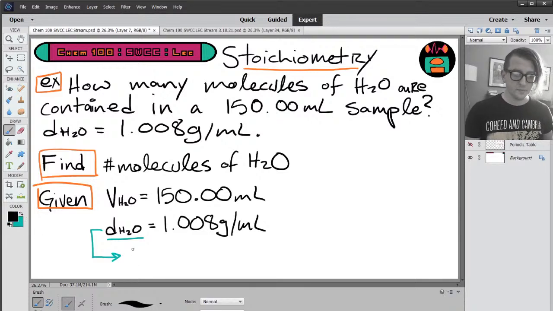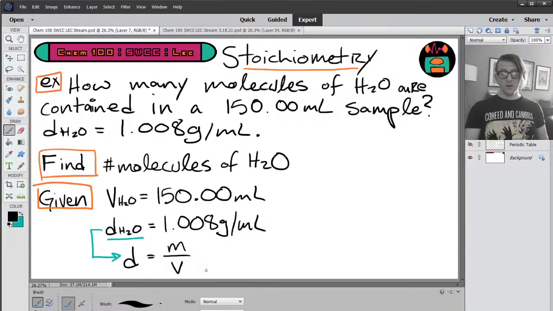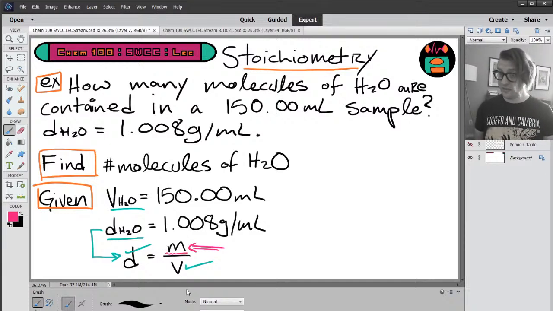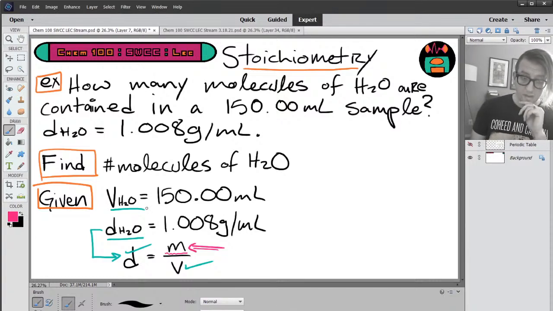And the equation for density is equal to the mass of a substance over its volume. And you'll notice in our given information, we're given density, we're given volume, so that allows us to solve for mass. With volume and density, we can find our mass. Does mass connect to the number of molecules?